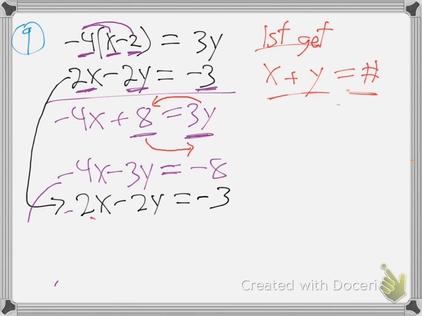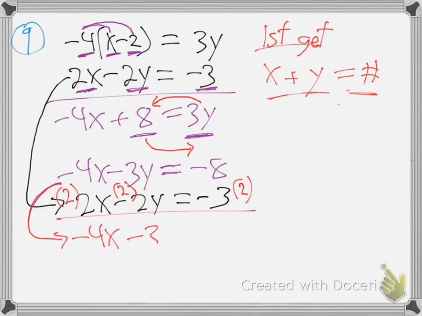So I'm making those opposites. So let me do that again. Plus 2, plus 2, plus 2. And then the top equation, minus 4x minus 3y is minus 8.